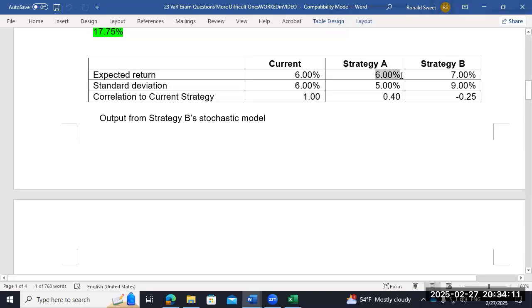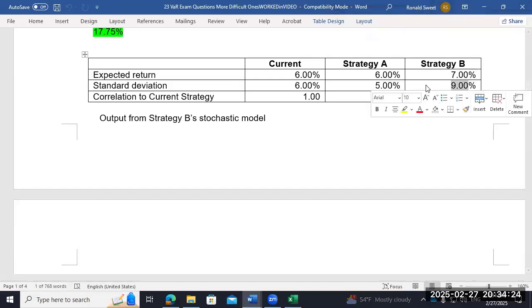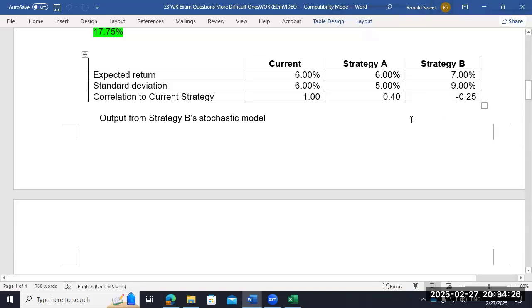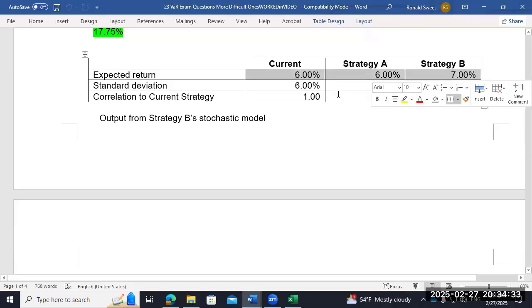Strategy A has the same return, but lower risk, but high correlation, 1 or 0.4. B has a 7% return, much higher risk, but negative correlation. Now, what did we say about return?